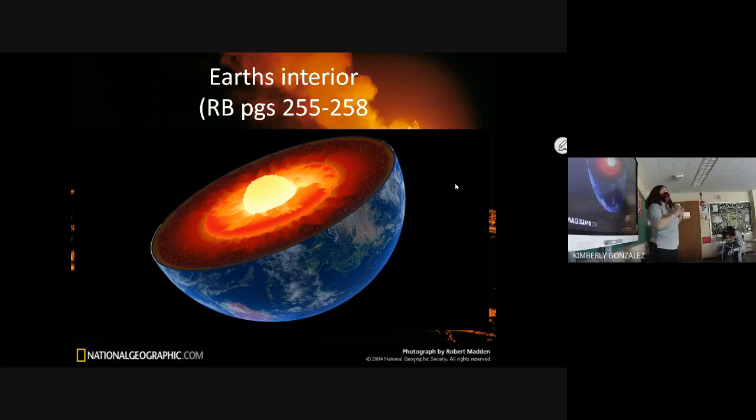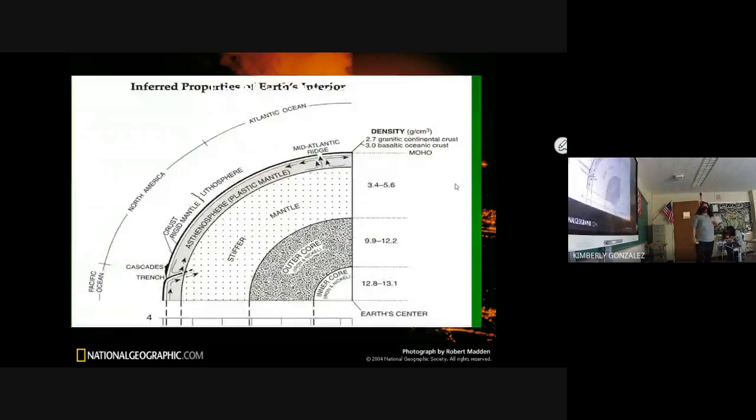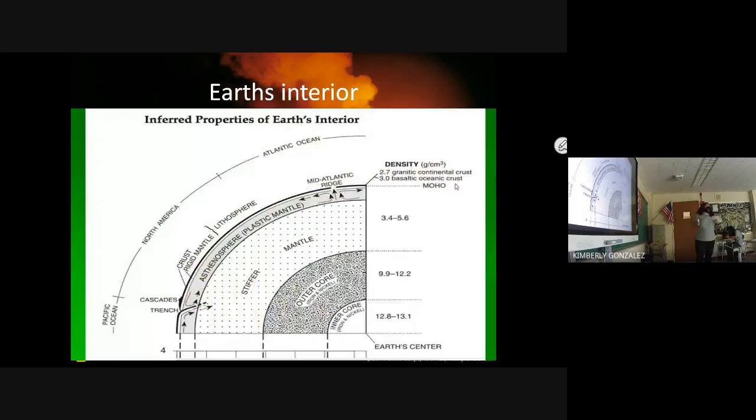If you broke the Earth in half, you'd have the core, you'd have this thing called a mantle, and you have the crust. You have the oceanic crust versus the continental crust. When you break it down, here it is on the reference table. Nothing new. Everything you need to know is on here.